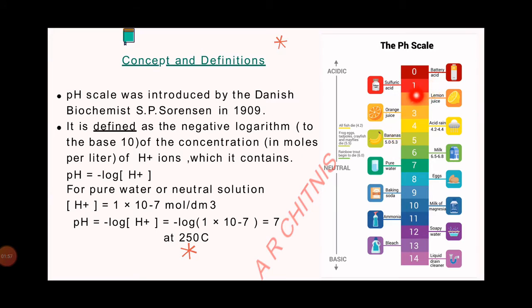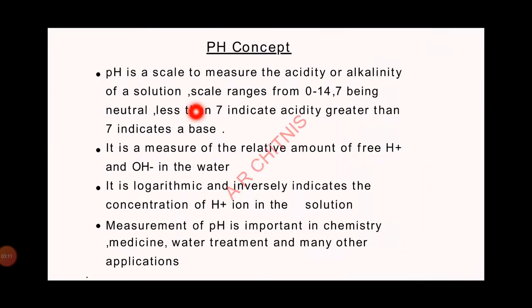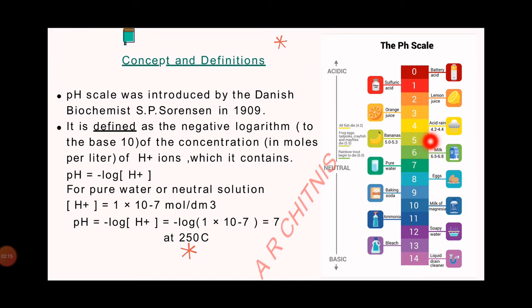So you can see here battery acid 0, sulfuric acid 1, the gastric HCl present in the stomach also has pH 1. Then lemon juice is 2, orange juice is 3, banana 5 to 5.3, acid rain 4.2 to 4.4, which we get because of air pollution.